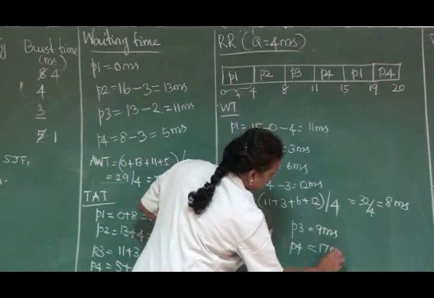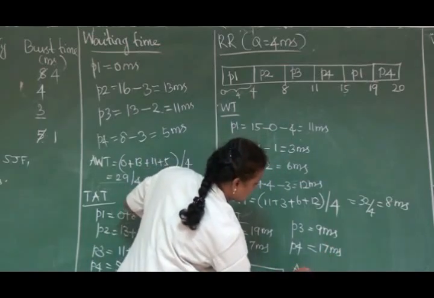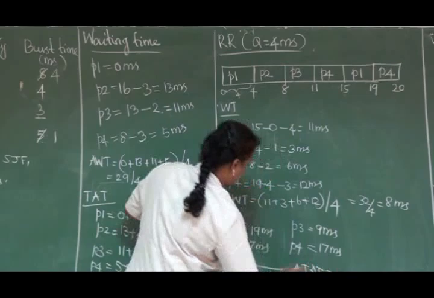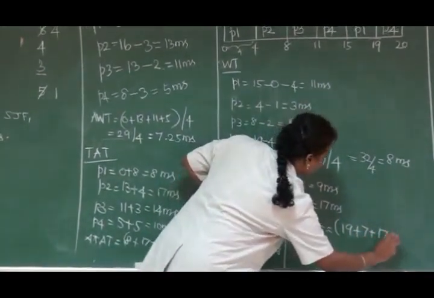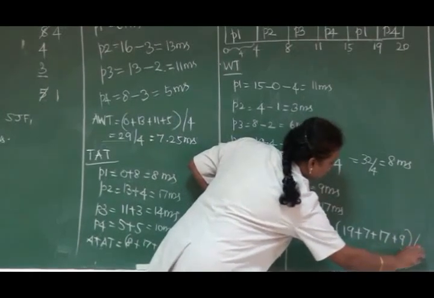17 milliseconds. So average turnaround time is equal to 19 plus 7 plus 17 plus 9, divided by 4.